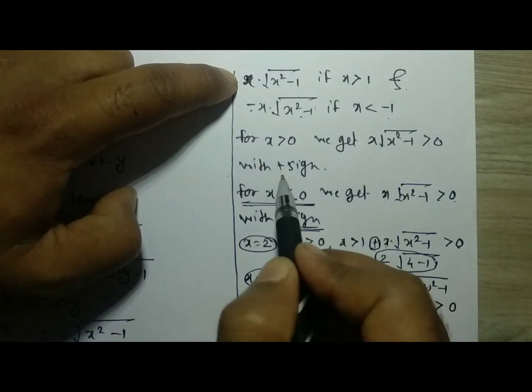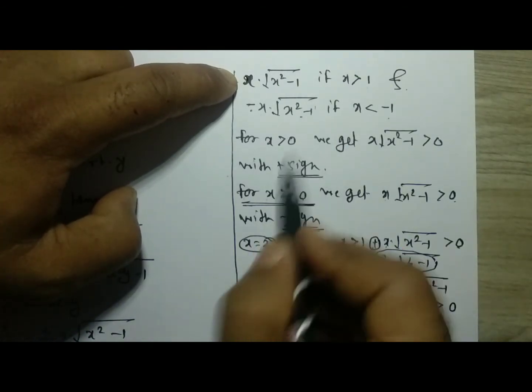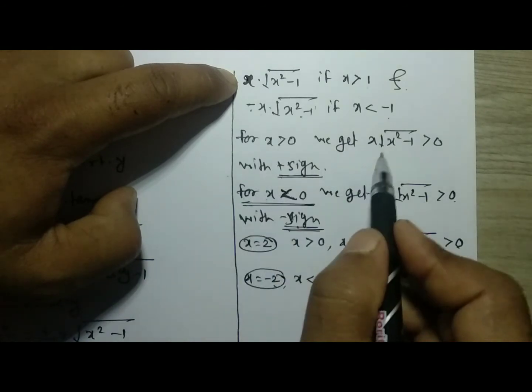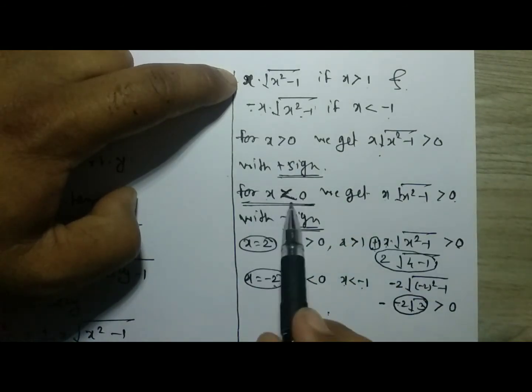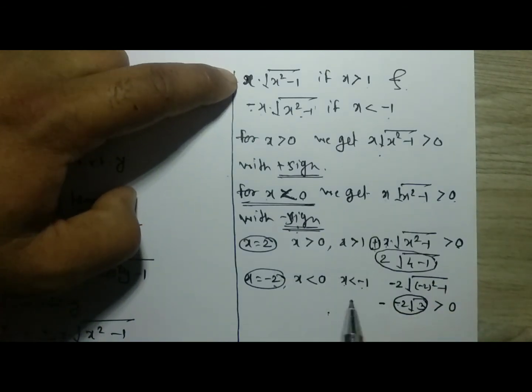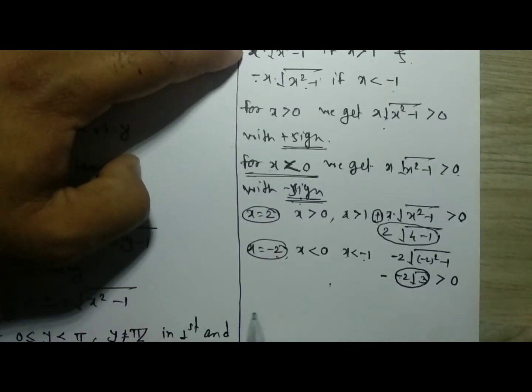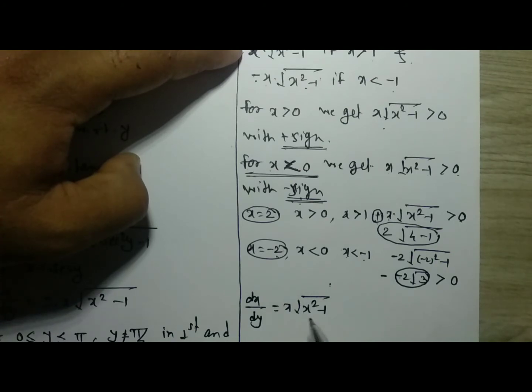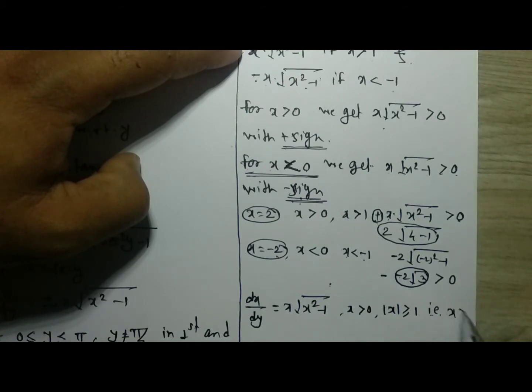This is most important. How? When we get the positive sign, at that time it is greater than 0, and when we get the negative sign, at that time also it becomes greater than 0. Therefore dx by dy is equal to x into square root of x square minus 1 when x is greater than 0 and mod of x is greater than or equal to 1, that is x is greater than 1.